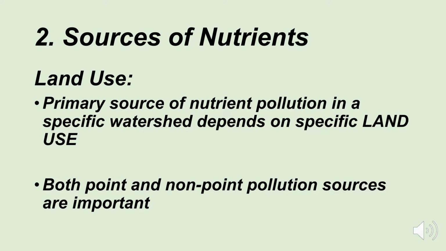Point sources are pollutants that we can identify exactly where they come from. For instance, if we have an industrial plant, and from that industrial plant we have a pipe that carries the waste, and that pipe goes directly into a river, we call that a point source of pollution.